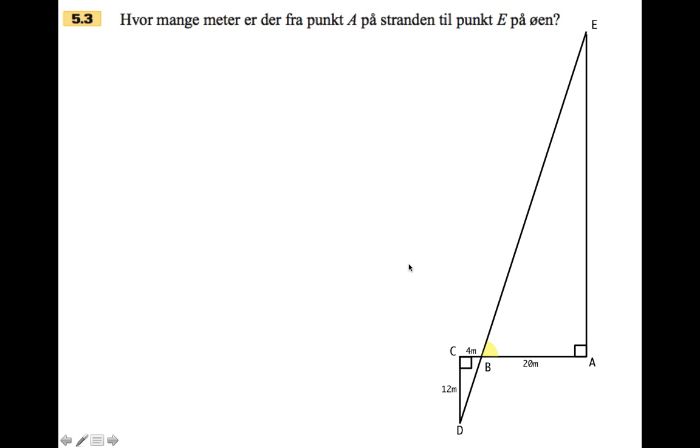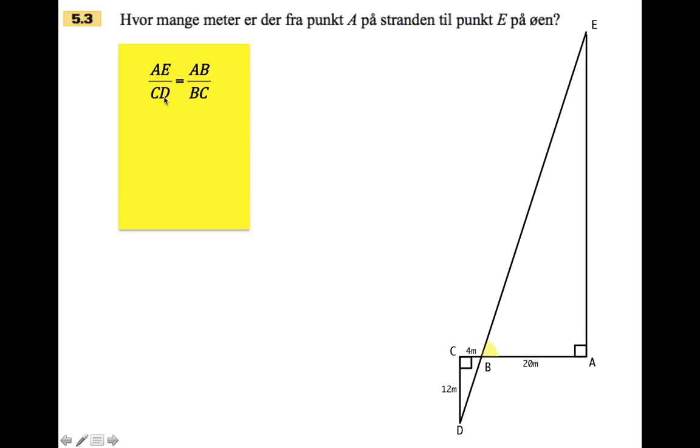So it's nothing to do with trigonometry or Pythagoras. It's all about similar triangles. So the point to this is that you've got a 12 and a 4 and a 20 and a missing one, and because the triangles are similar, then you can say something about the 12, the 4 and the 20 to calculate the missing one.